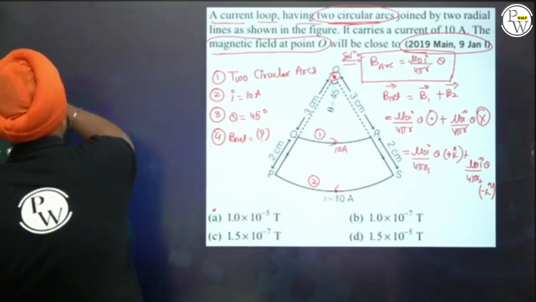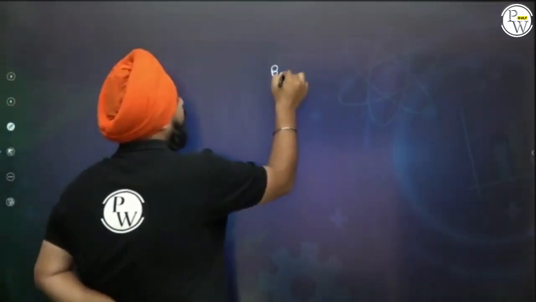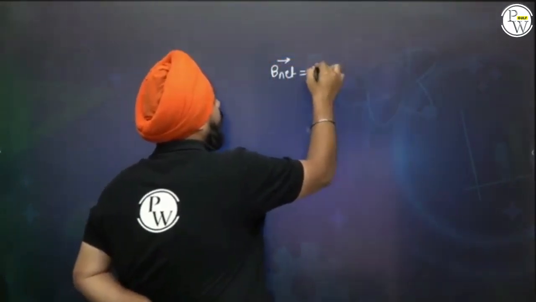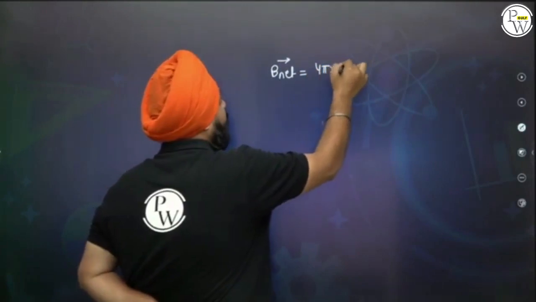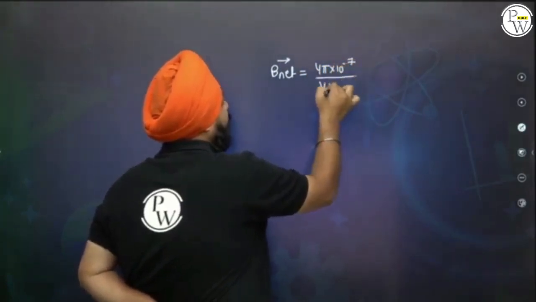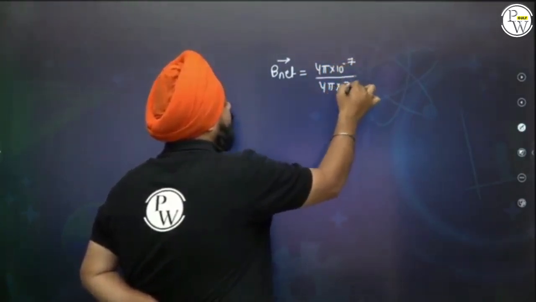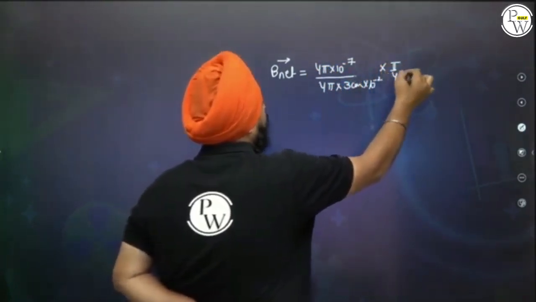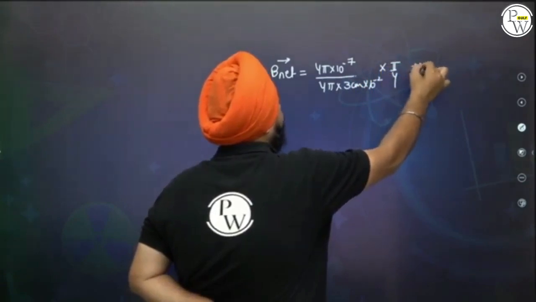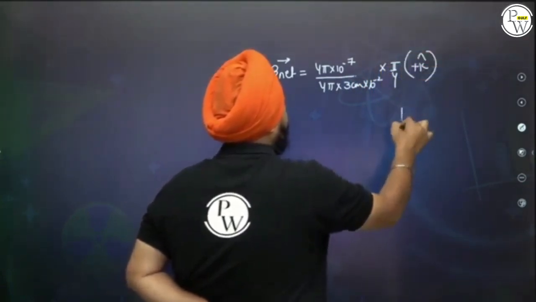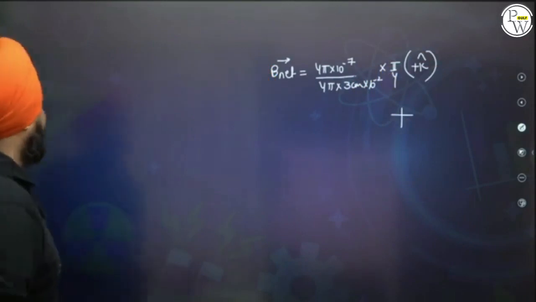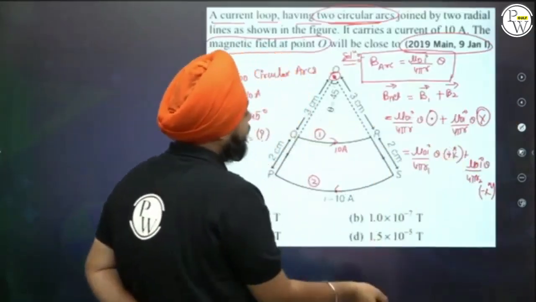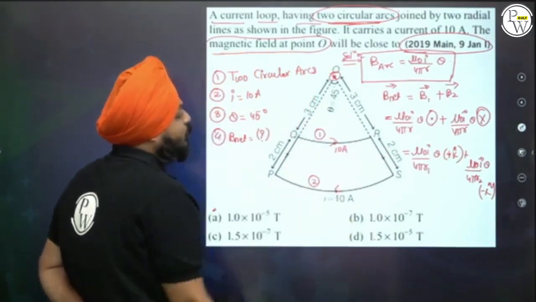So the net magnetic field is 4 pi into 10 to the power minus 7 whole divided by 4 pi into r. For the first, it is 3 centimeter, 10 to the power minus 2, and theta is pi by 4, and that is positive K.